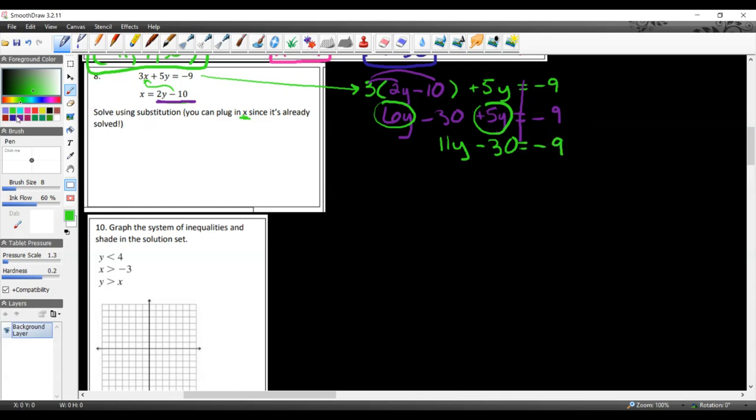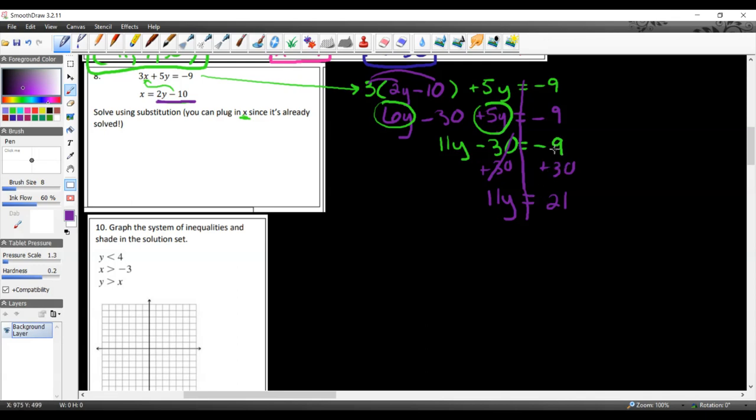Okay, and it's just a simple two-step equation. From here, we add 30 to both sides. So plus 30 plus 30, bring everything down. So 11y is equal to, again, we have a negative and a positive, so we're going to subtract it. 30 minus 9 is 21, and the bigger sign is the one that we keep.